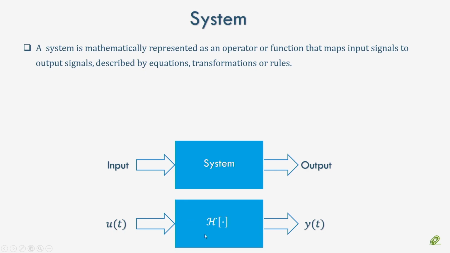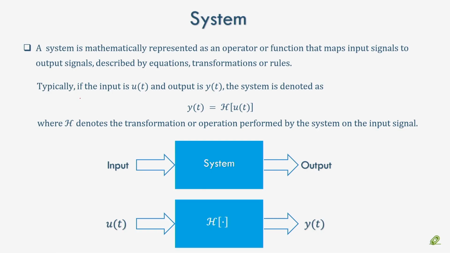So this is the input, this is your output, and the system is represented by an operator, which we write as H. Typically, if the input is u(t) and the output is y(t), the system is denoted as y(t) = H[u(t)]. You see, H takes u(t) as its input argument and gives some output. Here H denotes the transformation or operation performed on the input signal.